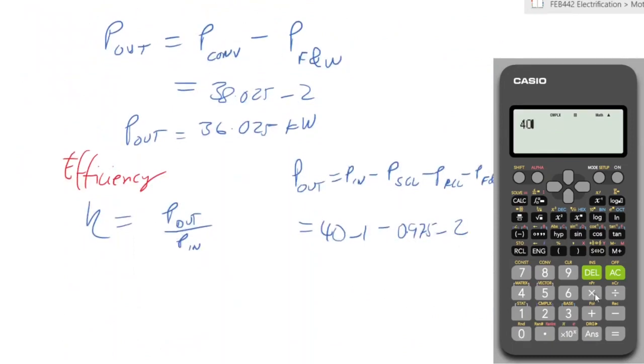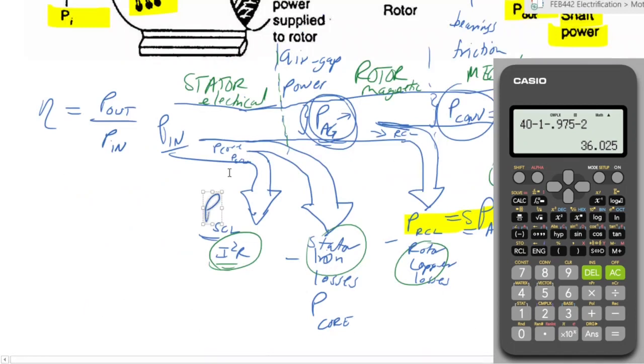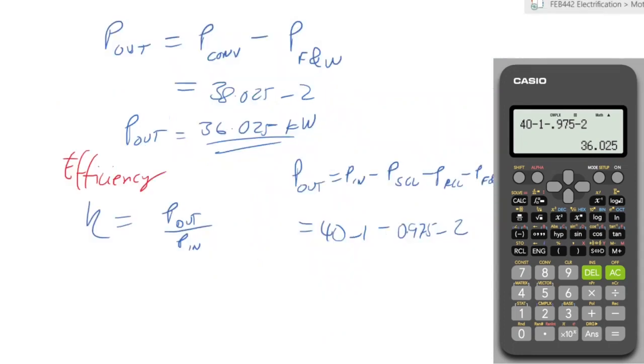So 40 minus 1 minus 0.975 minus 2. Yep, it's the same thing. Because that is essentially, you saw the flow. So if you can account for all the losses across each stage, you will be able to find out what is your actual output.